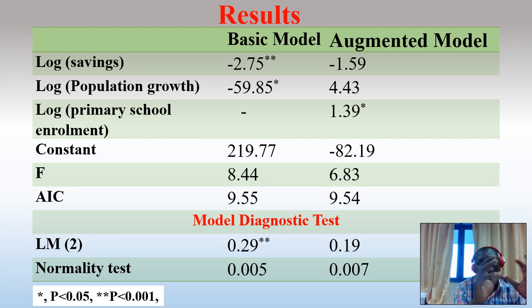Now, the point is, normally we believe that if GDP per capita is growing, that should result in an increase in savings. That is the general norm.